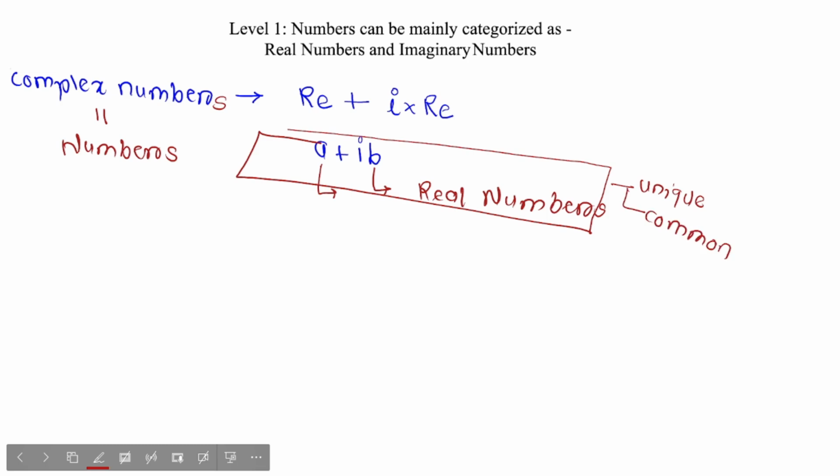Then how can we conclude what is a real and what is an imaginary number? Let's understand it this way. Consider the a plus ib form.